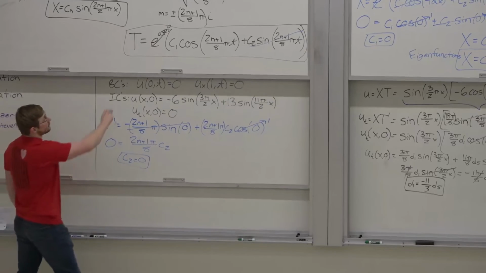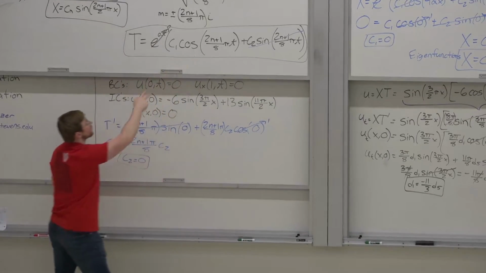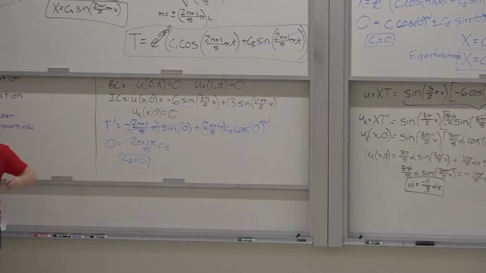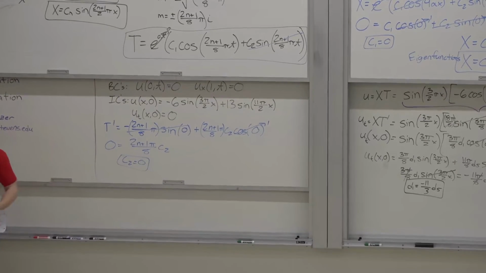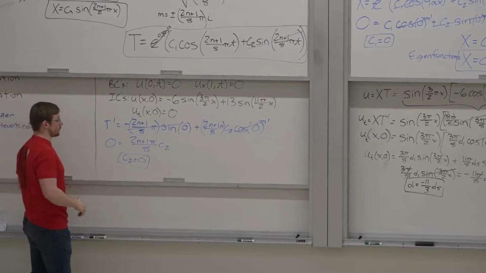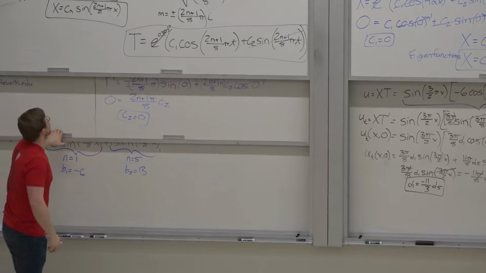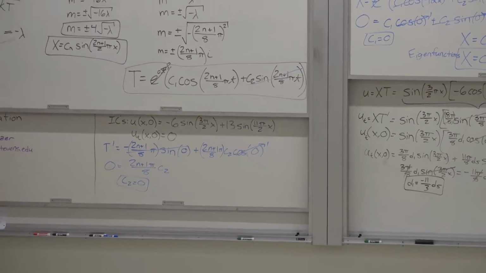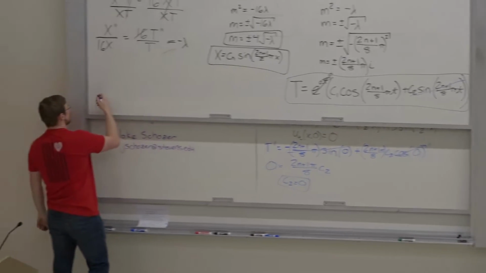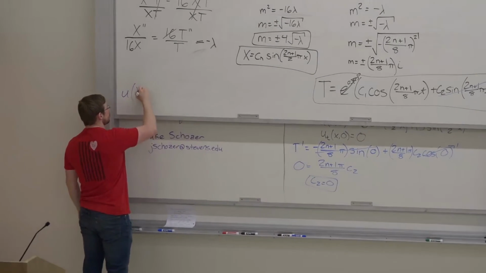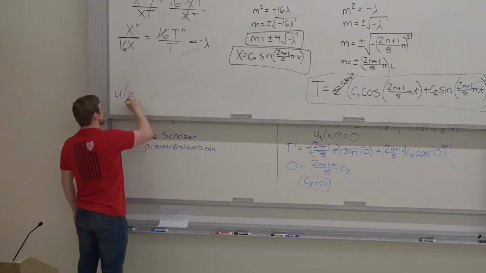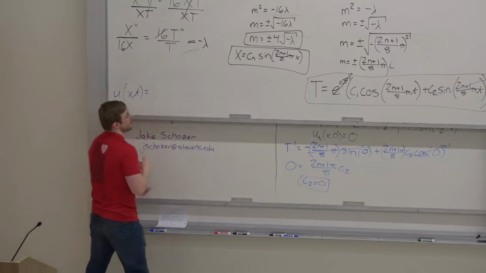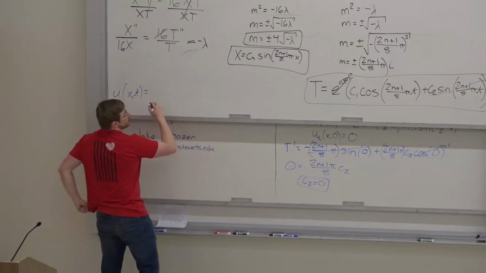So now my t function is just this with still some arbitrary c, but now that c can be any constant, and the solution will still hold. So I've officially run out of chord space, but I'll write the final solution right here, which is our u of x and t.